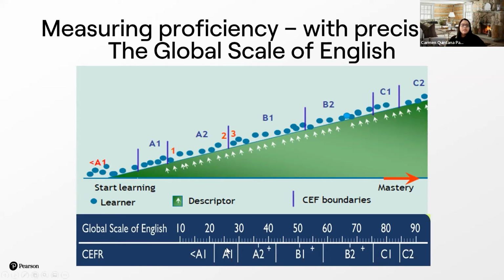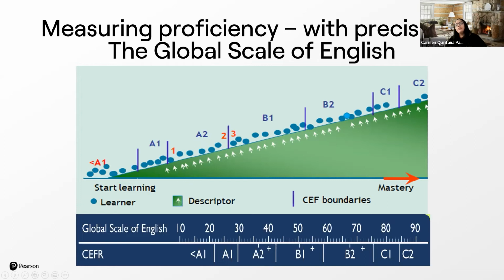So they're not competing scales. It's not one or the other. They complement each other. And they help us be more in tune and better understand where our learners are and how much they need to cover before they are where they need to be.